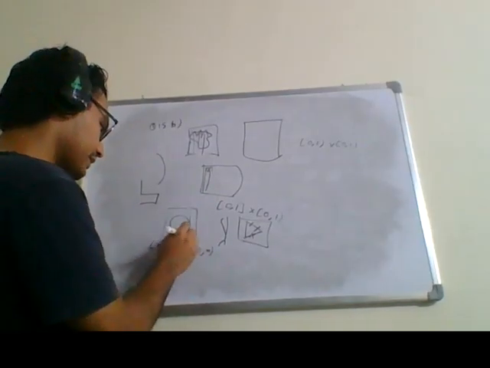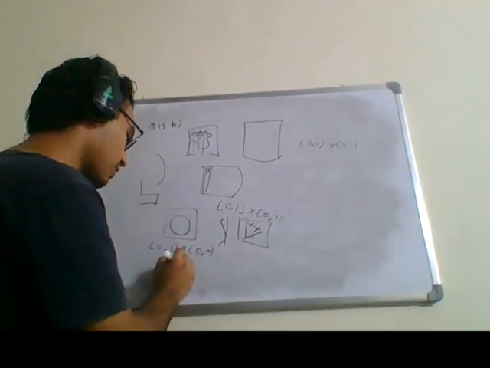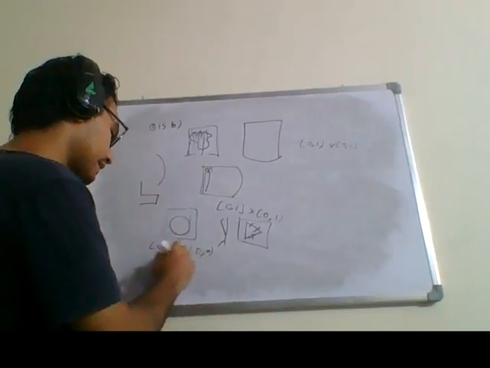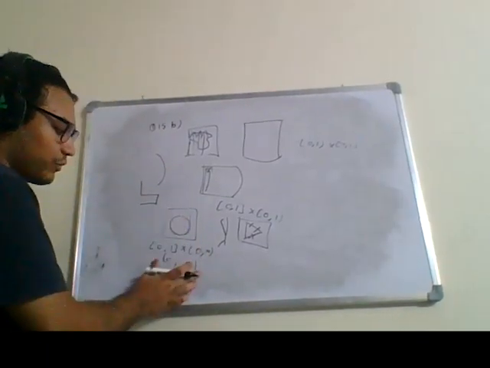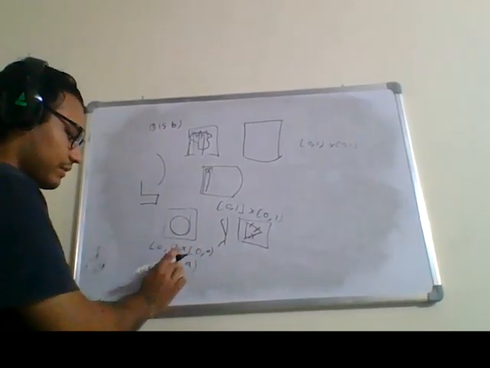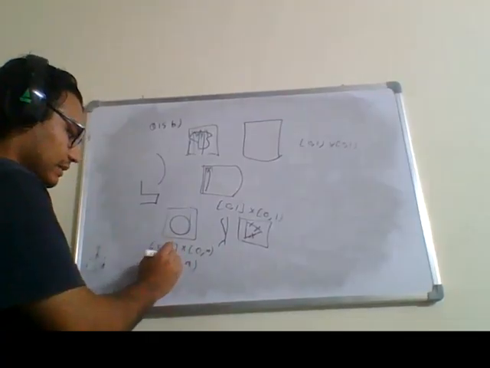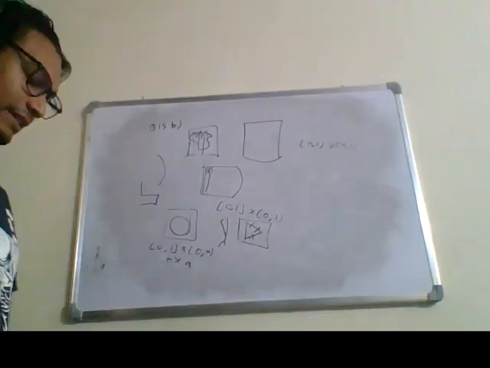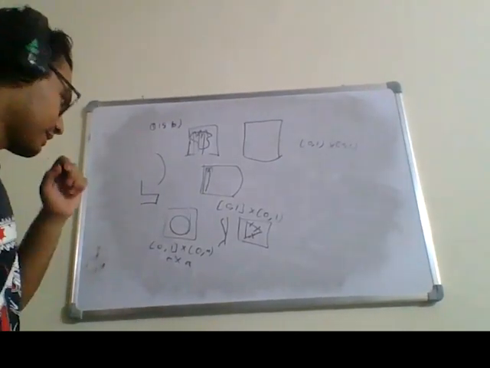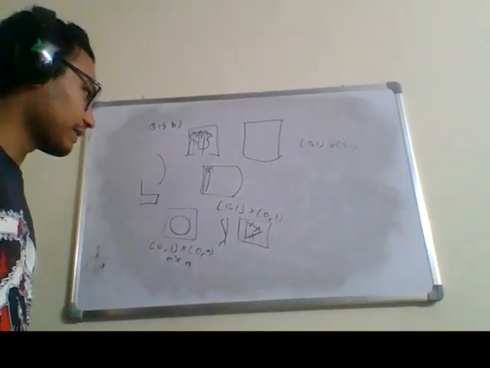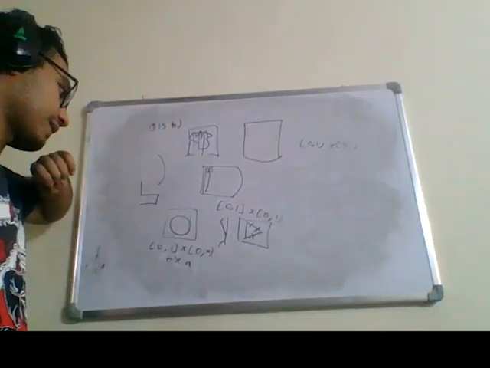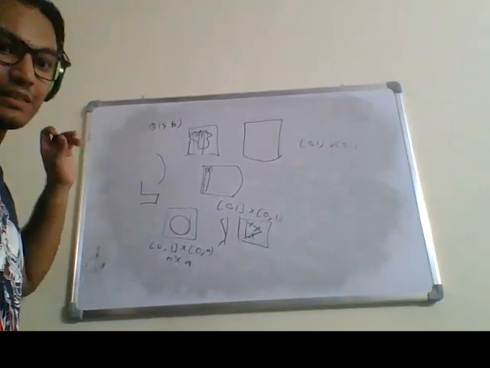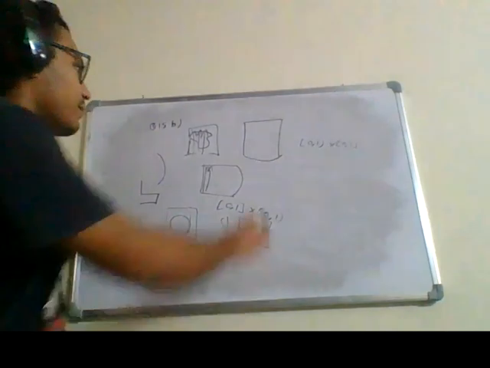So it's going to be some 0, comma a basically. That's going to be the point. This is the point notation. So if you want, we can write it this way. But at least intuitively, I cannot prove it, but 0, comma 1, the closed square, seems to have the least upper bound property.